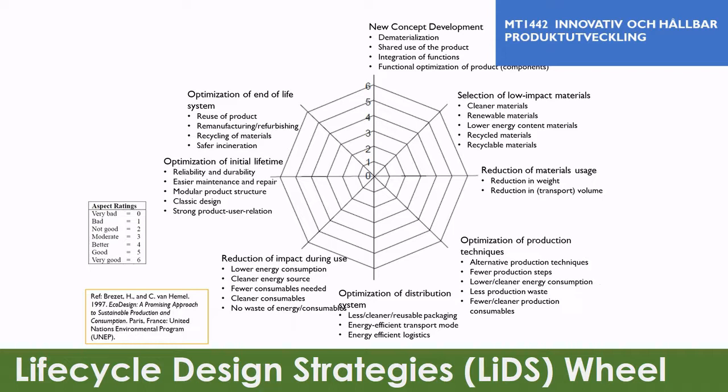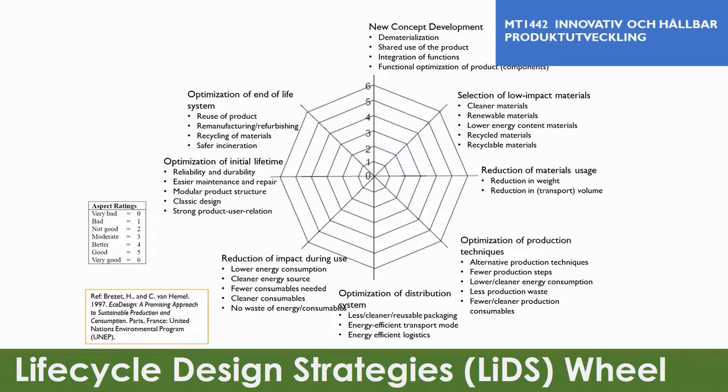There is another interesting and very useful tool. It's called the Life Cycle Design Strategies Wheel, where it's possible to do a score, a ranking of different variables. The ranking goes from 0 to 6, where 0 is very bad and 6 is very good.